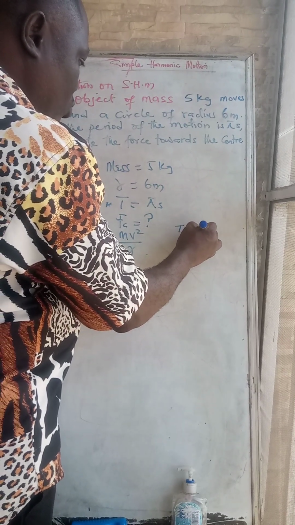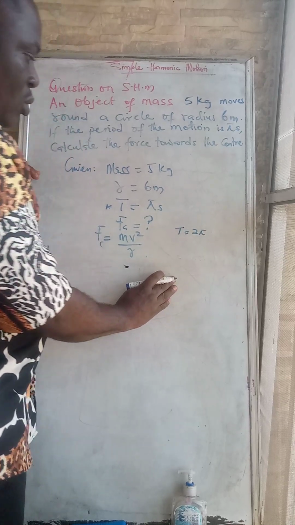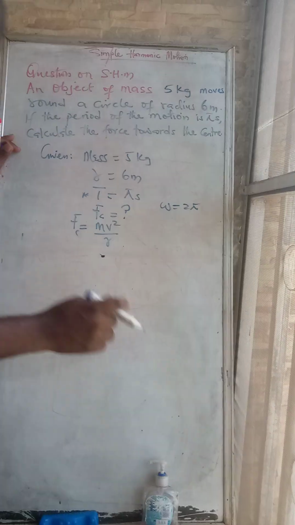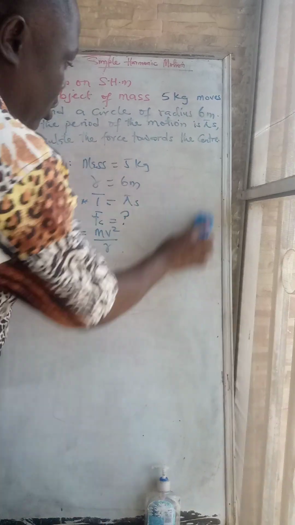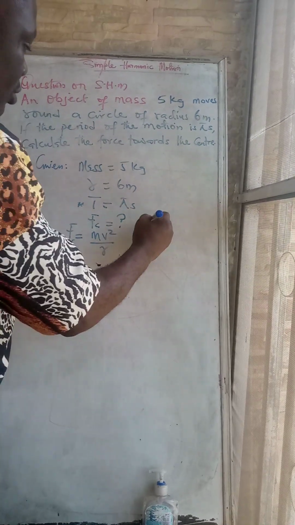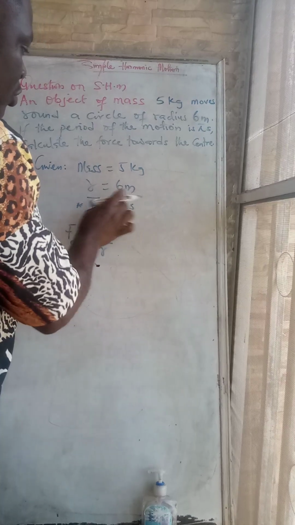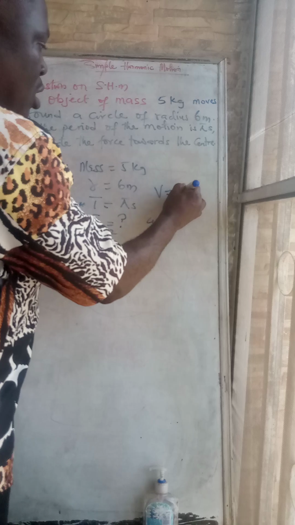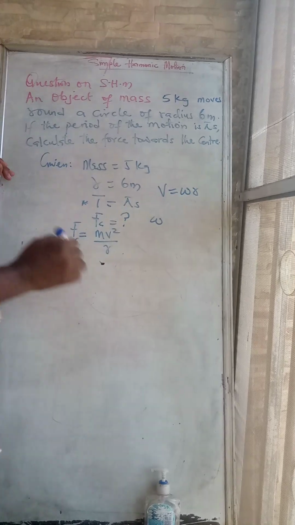is equal to 2 pi. Sorry, we have a relationship between period and angular velocity, because we know that velocity is equal to angular velocity multiplied by the radius.